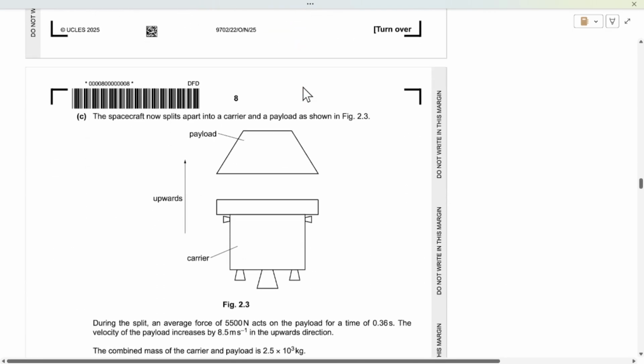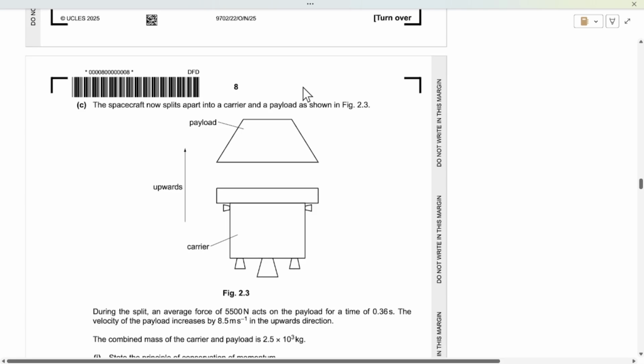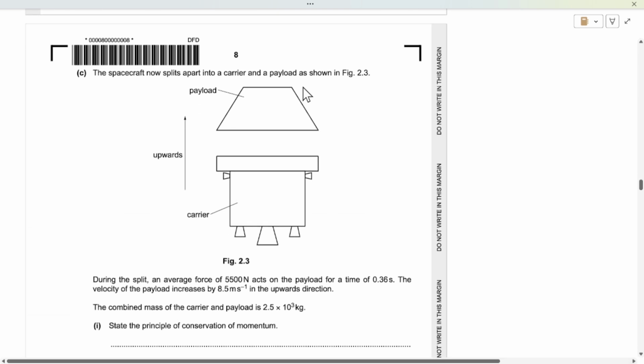Going for the next question. The spacecraft now splits apart into a carrier and a payload as shown in the figure. During the split, an average force of 5,500 Newton acts on the payload for the time 0.36 second. The velocity of the payload increases by 8.5 meter per second in the upward direction.